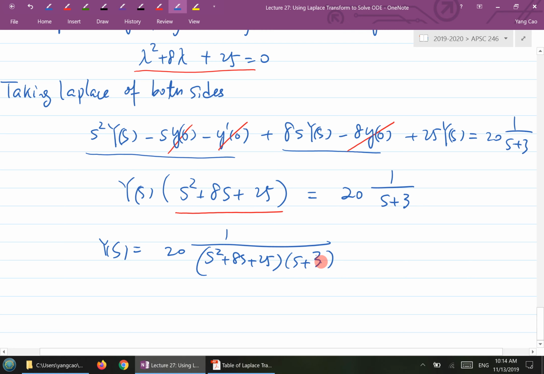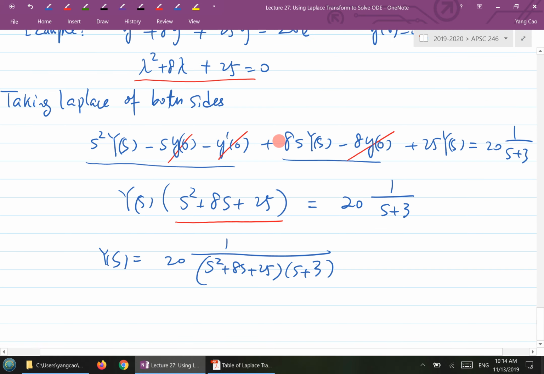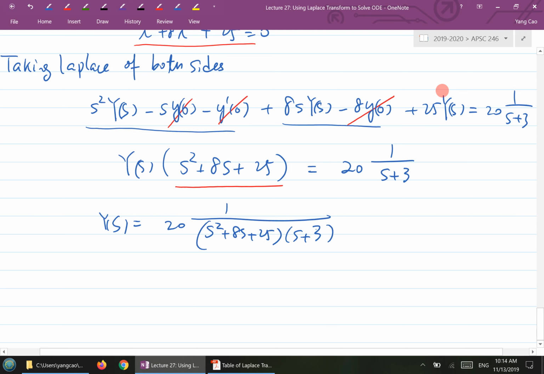But if you set s squared plus 8s plus 25 equal to 0, you're going to get a pair of complex conjugate poles. And that's basically case number 2. So in this case, you keep this term as it is. You don't break it down into any simpler format anymore, because you can't.